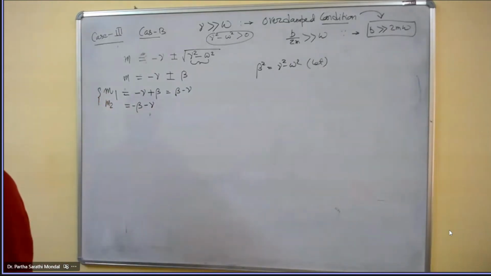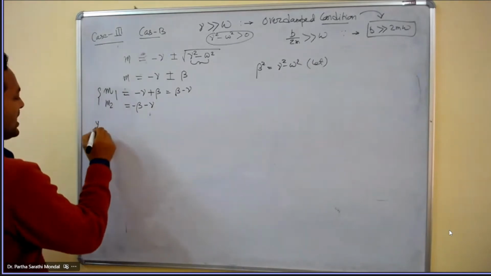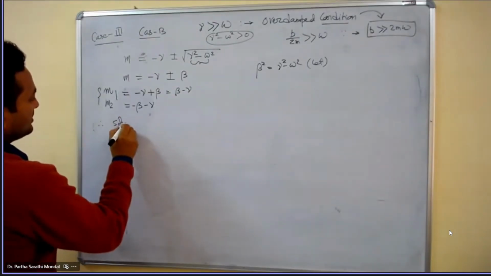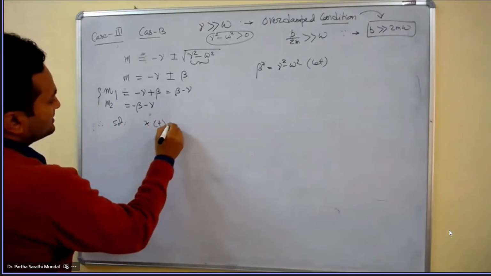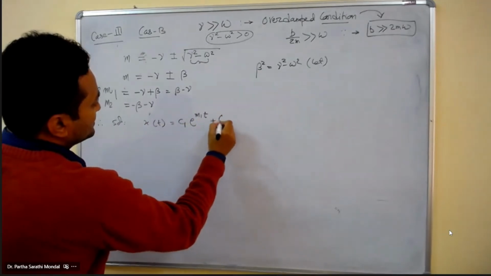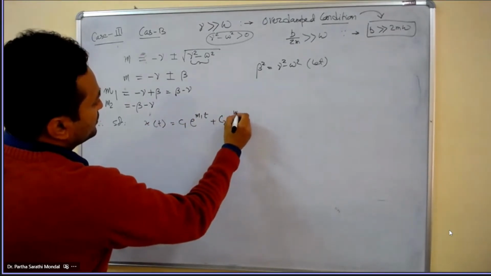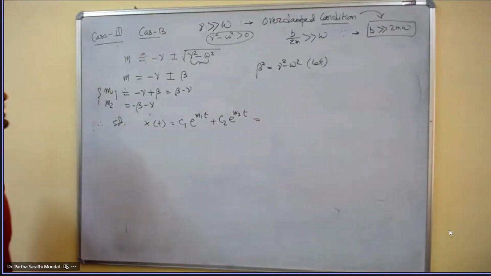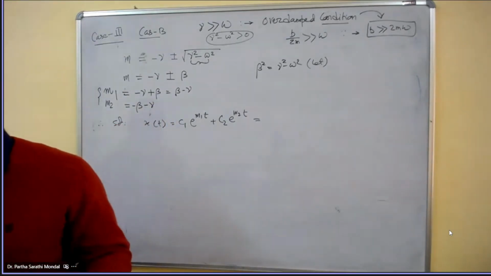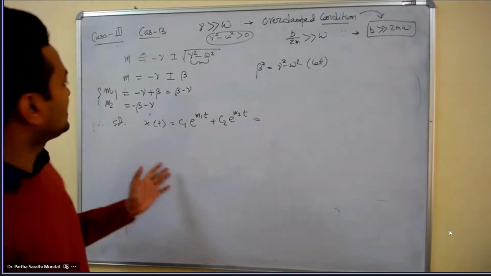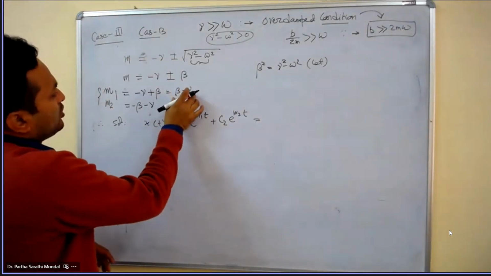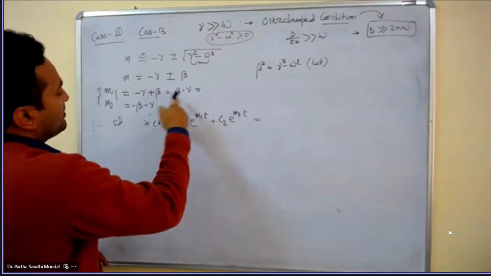Now again we will do the same thing. The solution x(t) is c1 e to the power m1 t plus c2 e to the power m2 t. Now if I put the value here, it's a real quantity, so it's no problem. You can take another quantity for that.